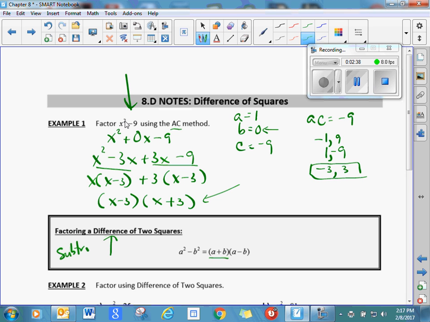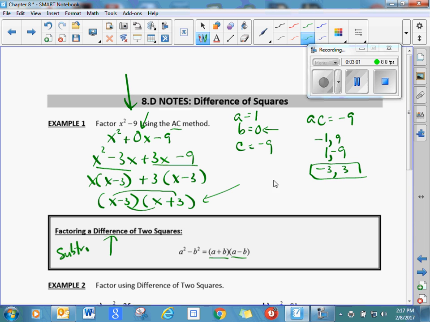The square root of x squared is just x. The square root of 9 is 3. I can write x plus 3, x minus 3. And what happens is these middle terms, to get this 0, you can see this is a minus 3x and this is a plus 3x, and when you add those together, they cancel each other out. So we'll work a few of these.